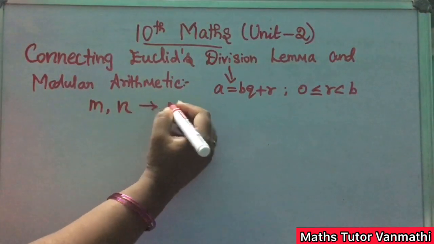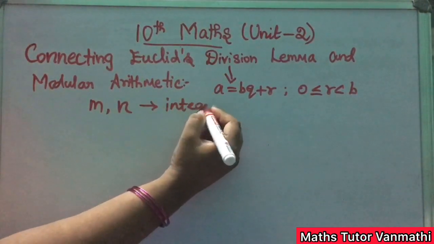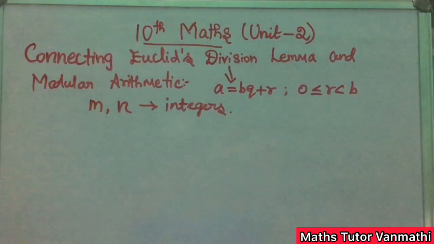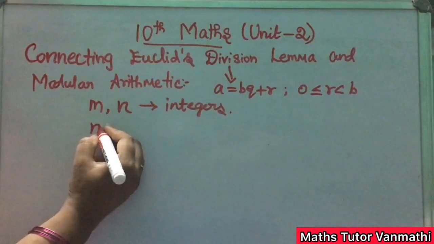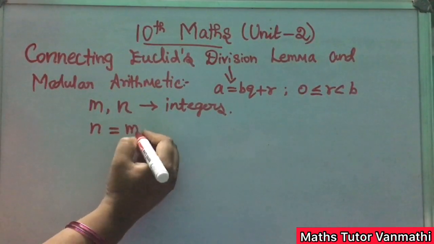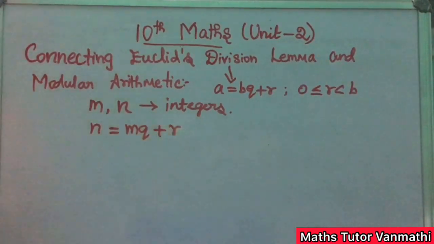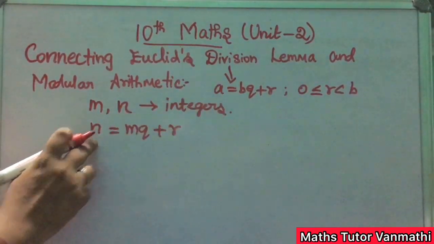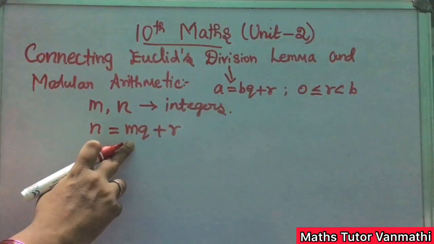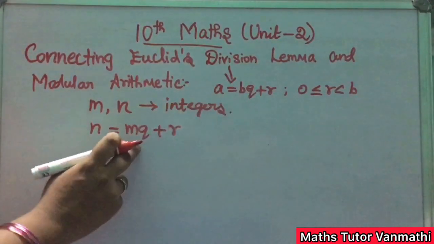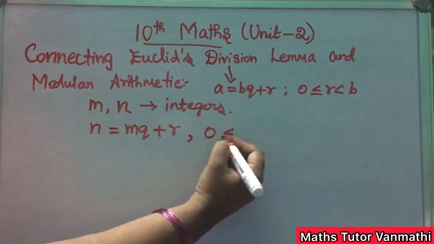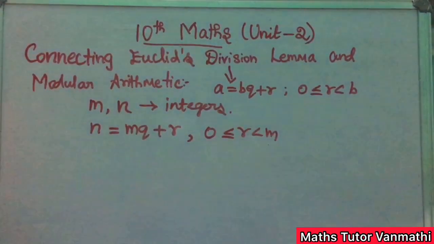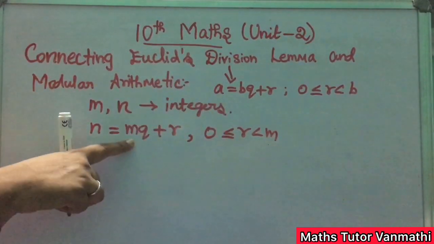By Euclid's division lemma we can write n is equal to mq plus r, that is a is replaced as n and b is replaced as m, and again here r lies between 0 and m, because in the place of b we have m.